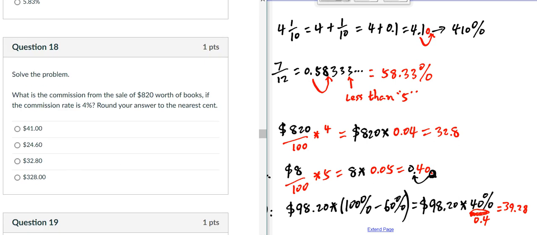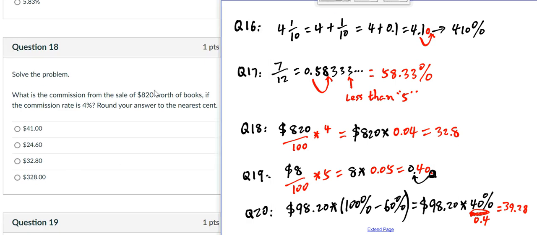Now, question 18. Question 18 is, what is the commission from the sale of $820 worth of books, if the commission rate is 4%? We want to round our answer to the nearest cent. What's the meaning of 4% out of 820?